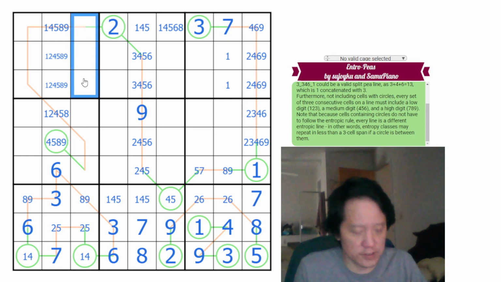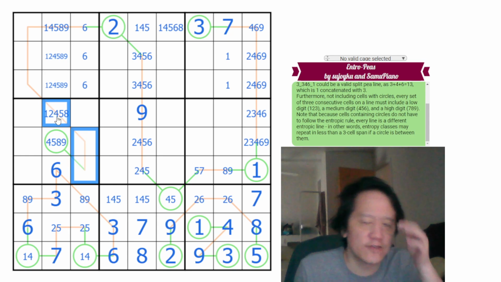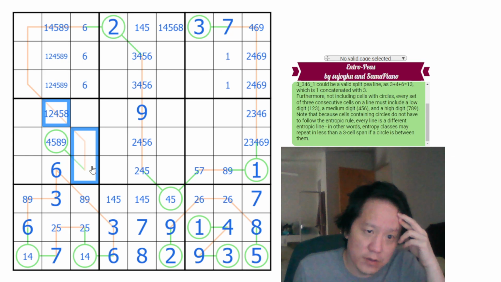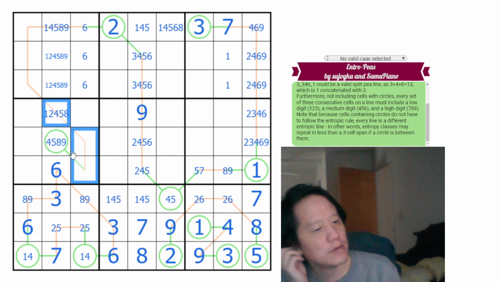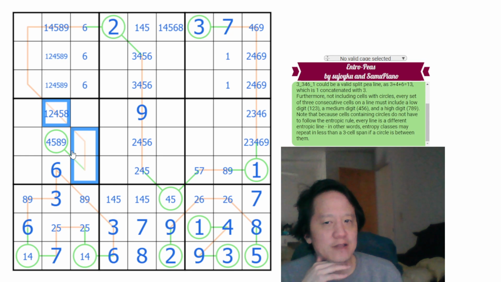We know 6 is here. Okay, so 1's. Oh wait, I keep forgetting about entropy. Okay. So this has to be, okay, this is at minimum 1 plus 4 plus 7. This is at minimum 1 plus 4 plus 7. So that means it has to be at least 12.